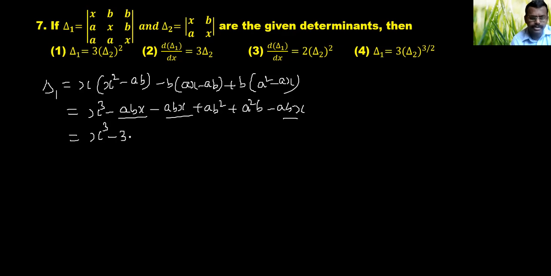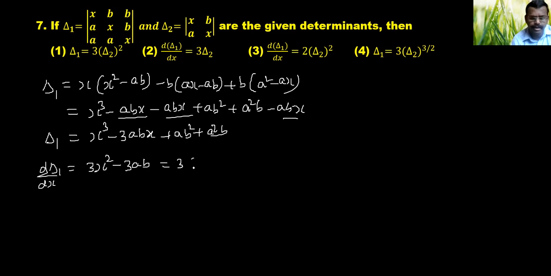So minus 3abx. Then plus ab square plus a square b. So this is delta 1. If I differentiate, what do I get? D by dx of delta 1 is 3x square minus 3ab. So take 3 common, we get x square minus ab.